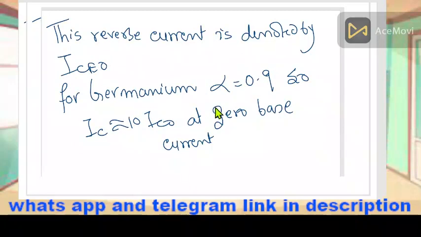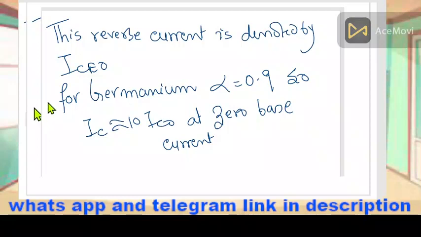Now we have two types of semiconductors that are mostly used for transistor manufacture, and they are germanium and silicon. If someone asks you which semiconductor is better for making a transistor, you have to keep in mind some important concepts.